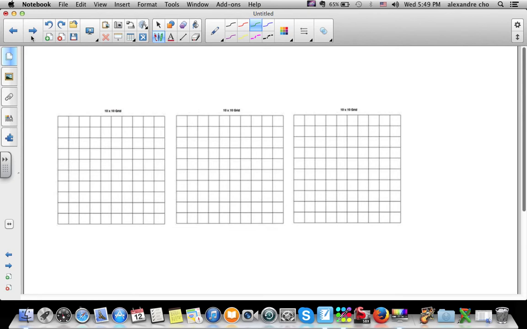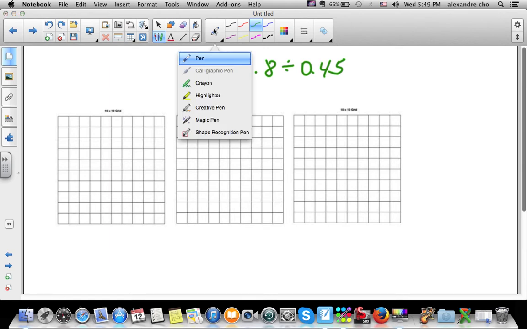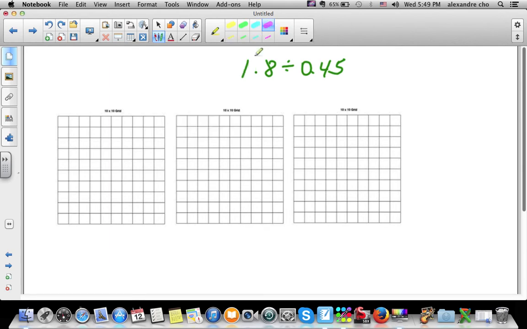Next question is 1.8 divided by 0.45. And again, this one, I want to start shading my highlighter. Let's use pink, that's fine. So 1.8 means 1 full box.